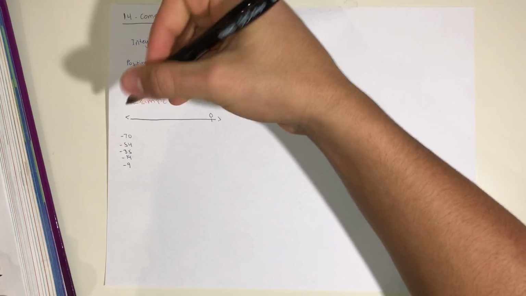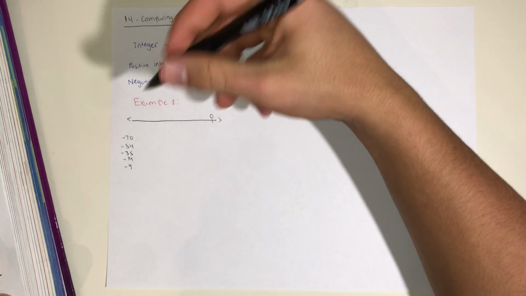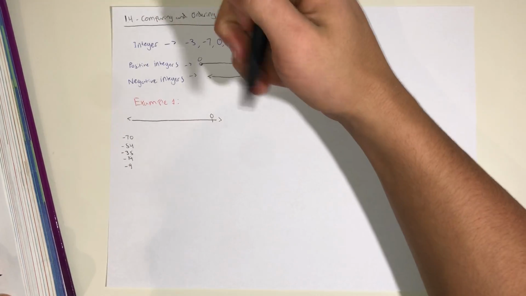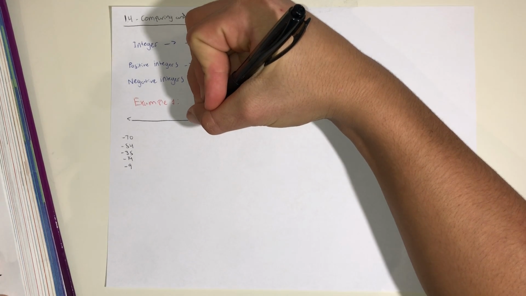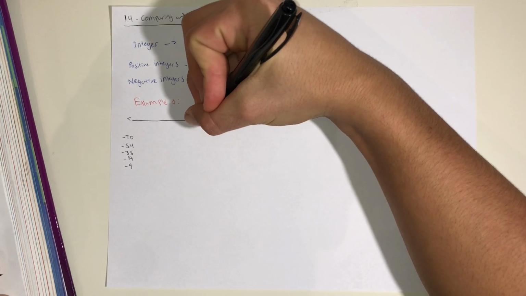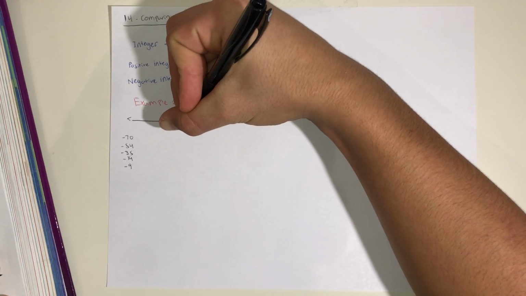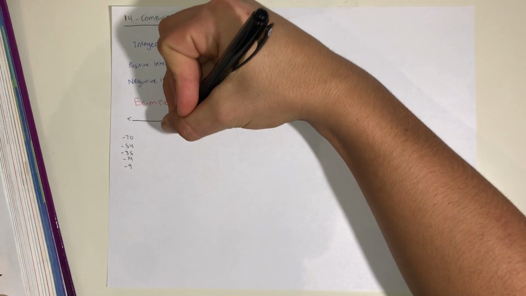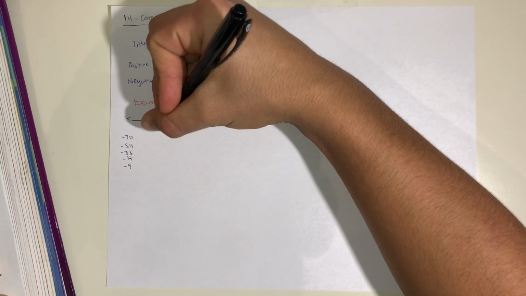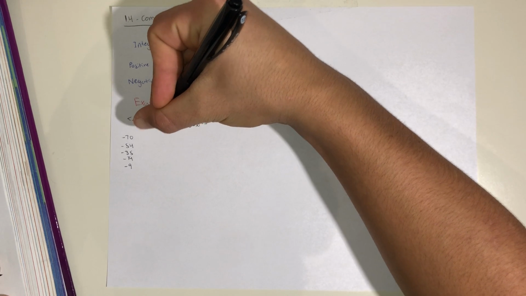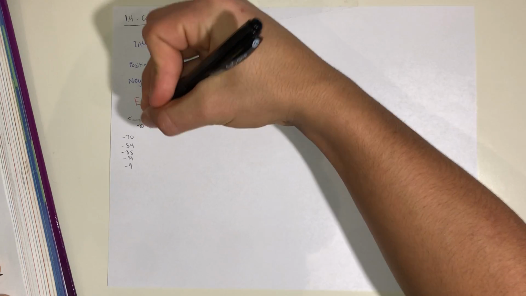Since everything's in the negative direction, we don't really care about the positive direction, even though there could be, but the ones we have to graph are not. So we have 0. Let's make this negative 10, negative 20, negative 30, negative 40, negative 50, negative 60, negative 70, negative 80, and negative 90.